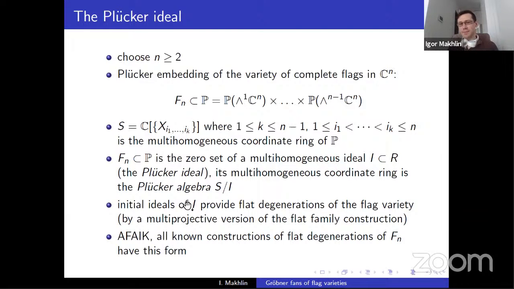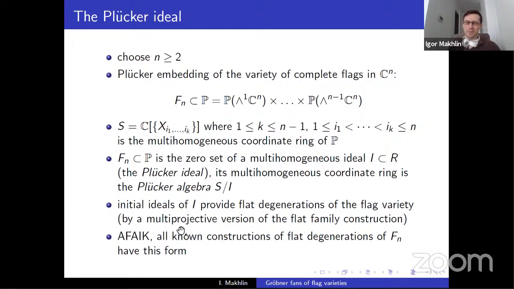And going back to what I said about Gröbner degenerations, initial ideals of I provide flat degenerations of the flag variety, and this is something that has been studied extensively. There are many different papers which construct various such flat degenerations.